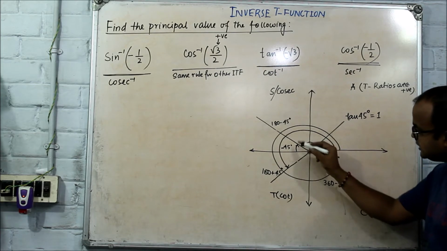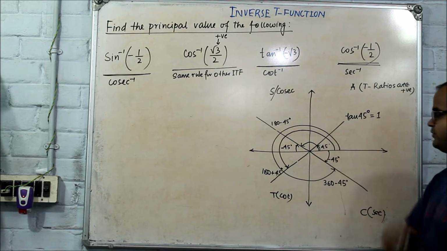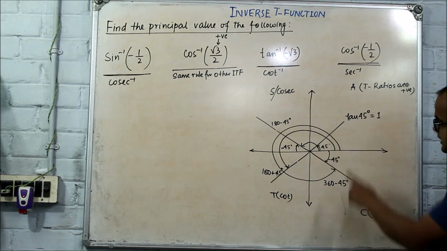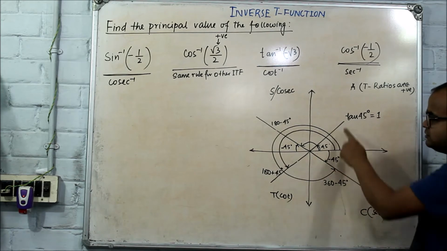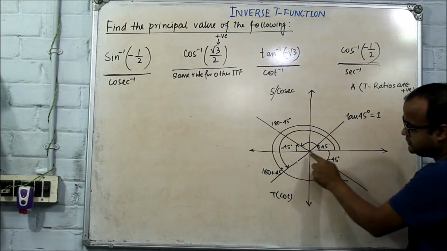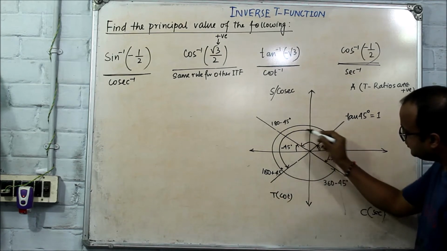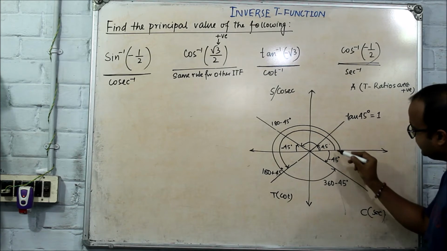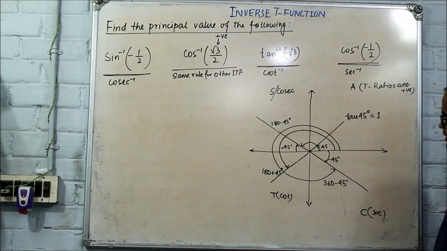If you measure this angle, this will be 180 degree minus 45 degree. If you consider the origin as the mirror, you will get the reflection of this 45 degree line along this line. The entire part is 180 degree plus this 45 part, so you will get 180 degree plus 45 degree.